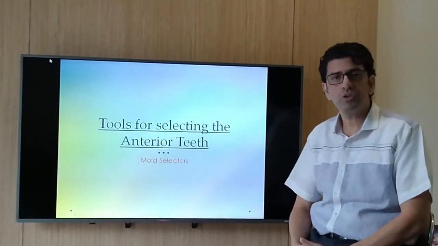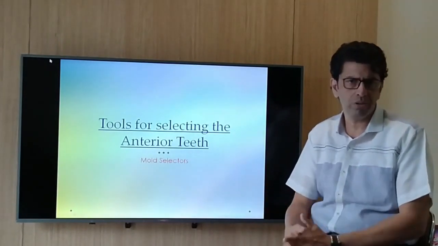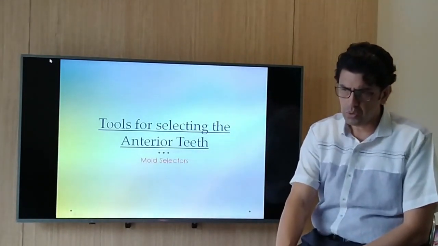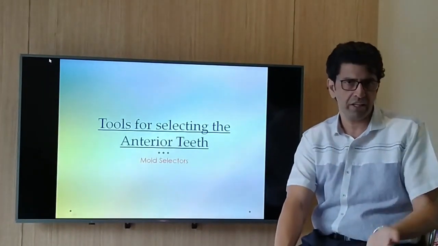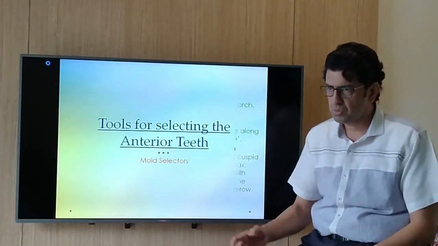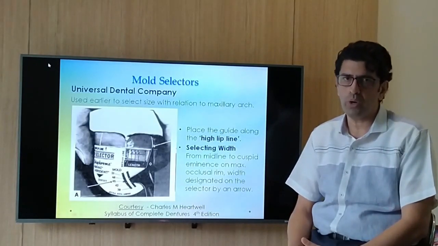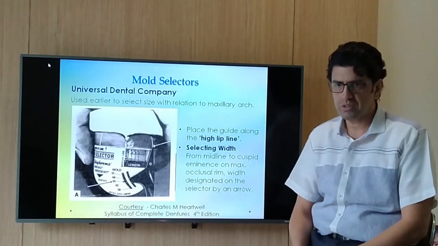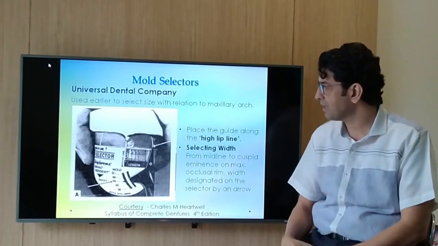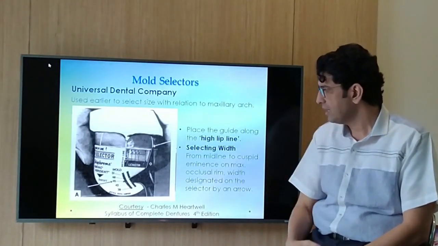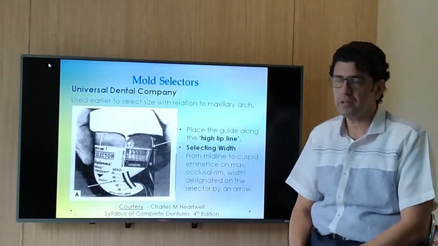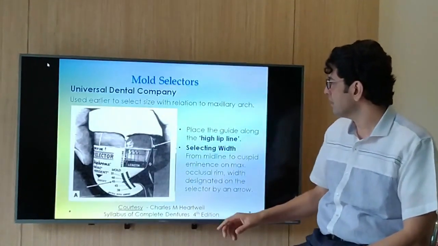So there are some tools for selecting anterior teeth, basically mold selectors and shade guides. Both of them are there. For the mold selector, there was an old one previously used by Universal Dental Company. I got this picture from Dr. Charles Hartwell's book, and it was very interesting, okay?